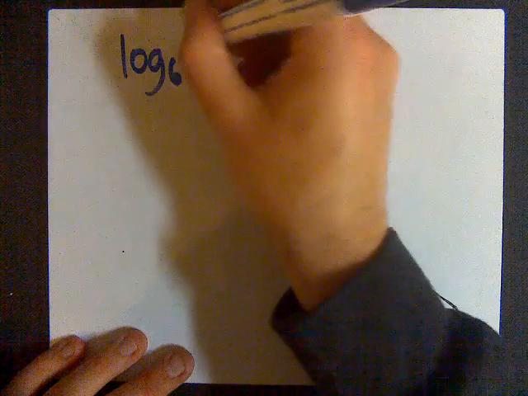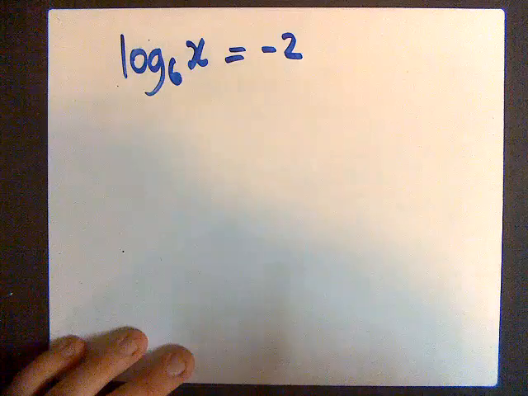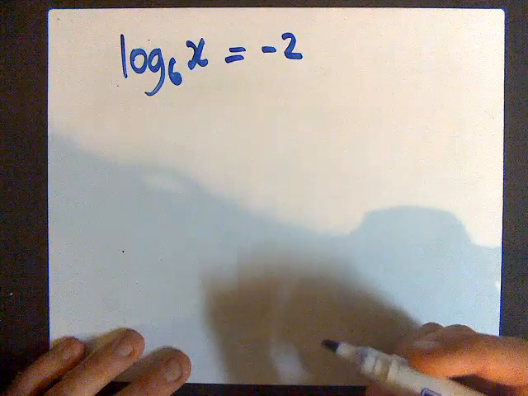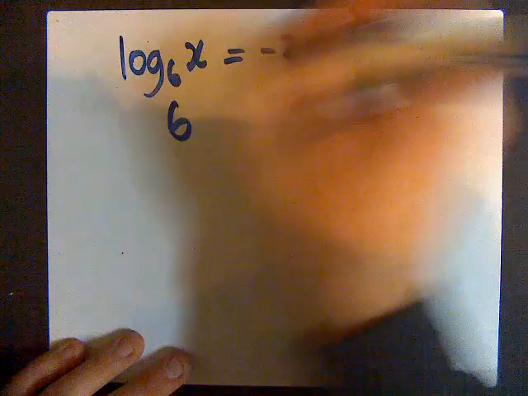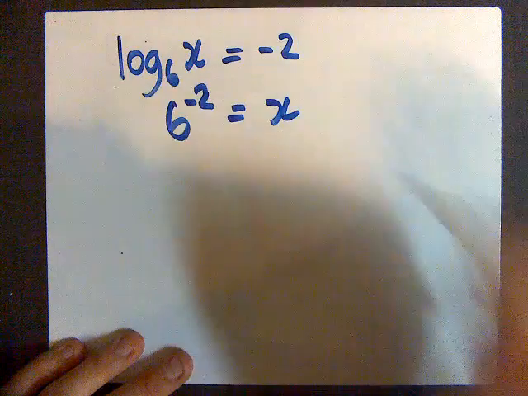So next one, let's look at log with base 6 of x equals -2. This one's a little bit more complex, but not too bad. First things first, we're going to rearrange it into our index notation. So we have base 6 to the power of -2 is going to equal x.